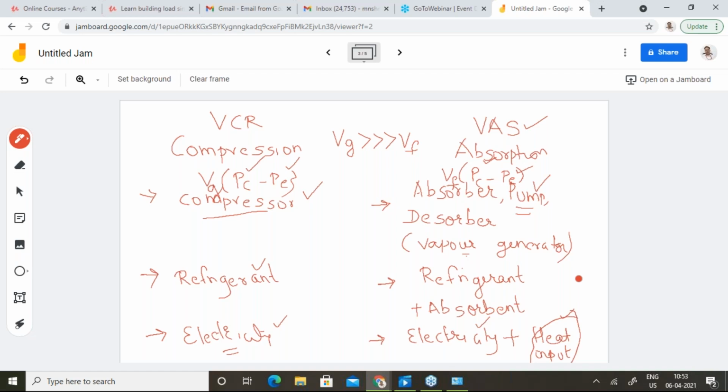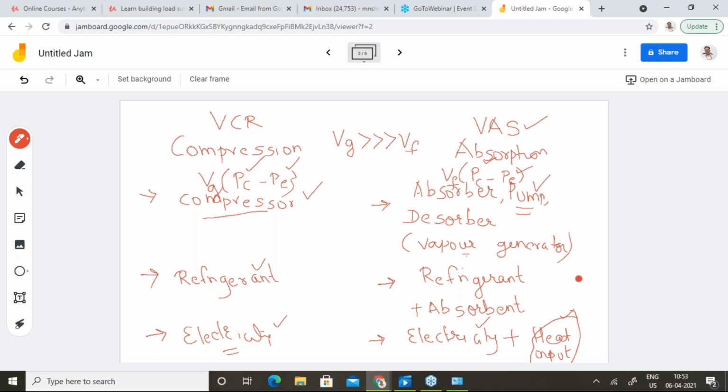Okay, so which system to choose, whether one should go for a vapor compression technology or a vapor absorption technology, depends upon a number of factors, but the major reason would be economical. Vapor compression technology, because the components are smaller and the pressures are also relatively lower, is cheaper.